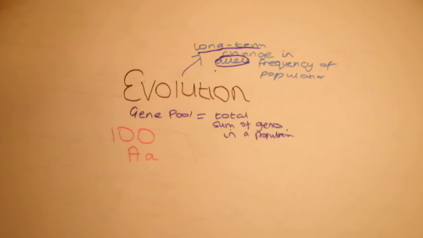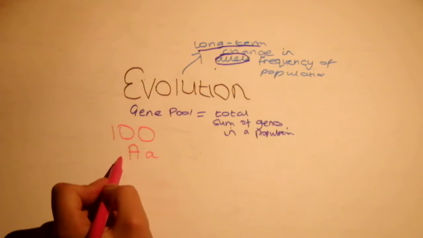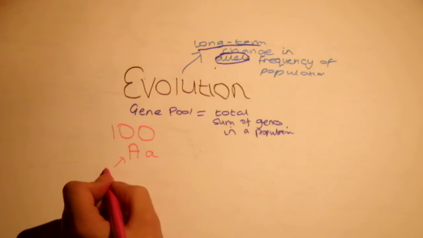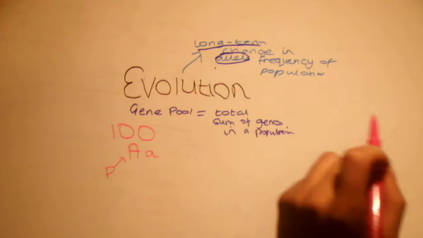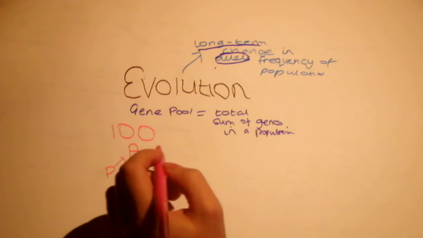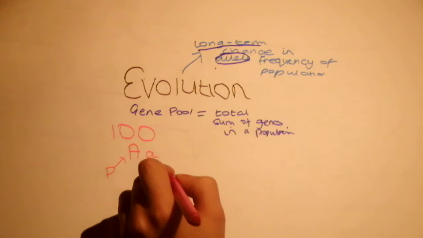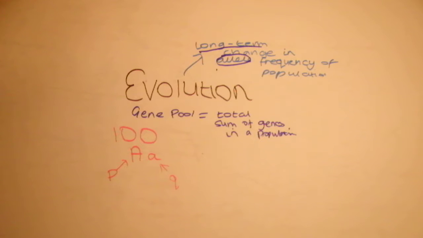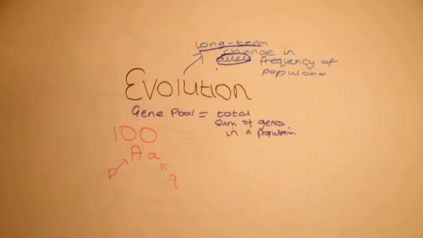The frequency of allele dominant A is P, and the frequency of allele recessive a is Q. So this is how you work out the frequency of the alleles.